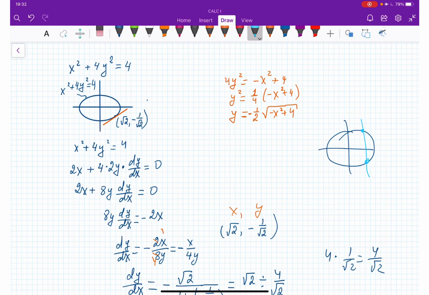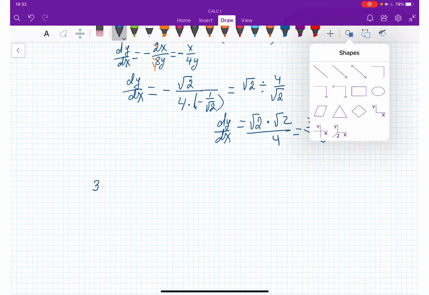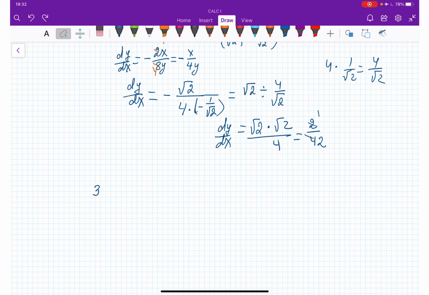That's why it's not a function. And the graph we are going to take the implicit derivative of looks like this.